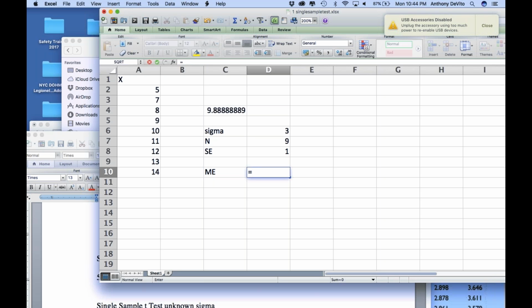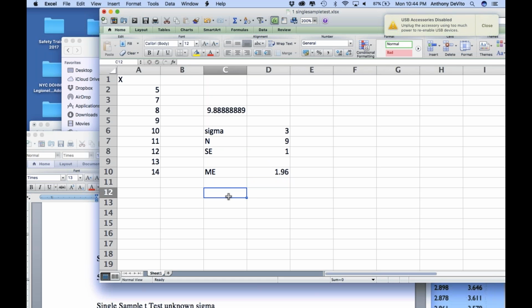My margin of error is my t-score times my standard error. I don't need a t-score because I know the population standard deviation sigma, so I can use 1.96 even though it's a very small sample. 1.96 times my standard error of 1, so my margin of error is 1.96.